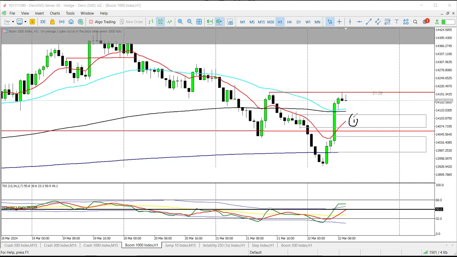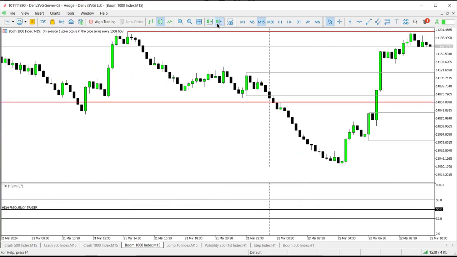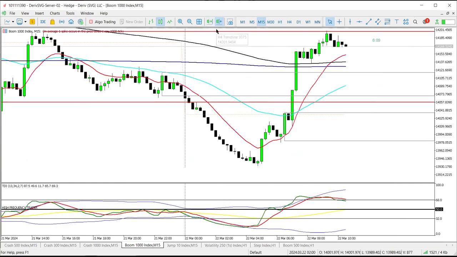So we've got this first point of interest, this second point of interest. By that time, TDI might actually give us something like this. But price coming out of these volatility bands is showing us that there is potential of us having momentum to the top side if the levels we've stated hold.